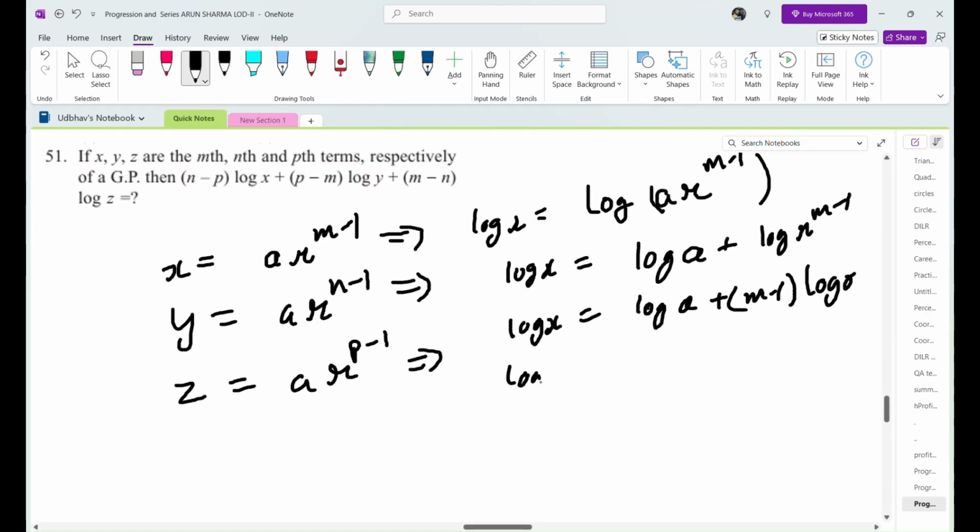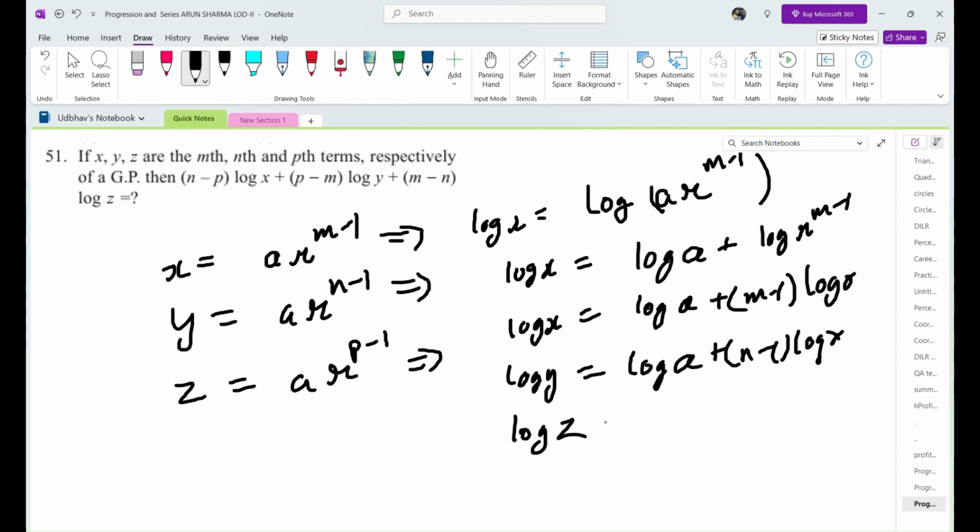Similarly, log y will be log a plus (n minus 1) log r, and log z equals to log a plus (p minus 1) log r.